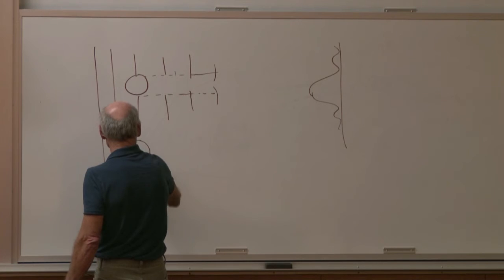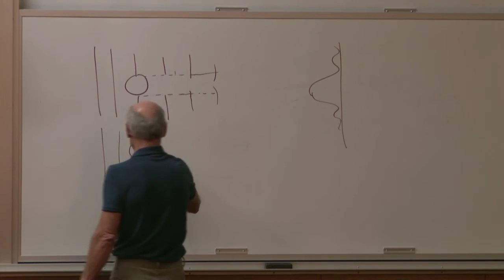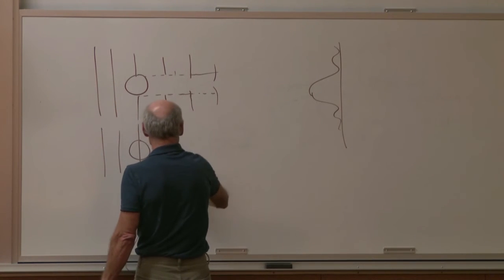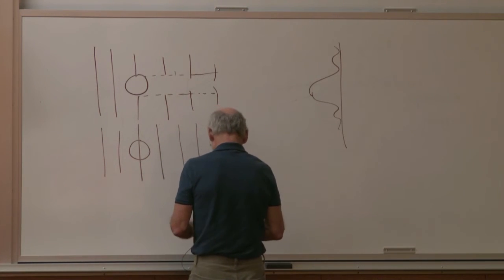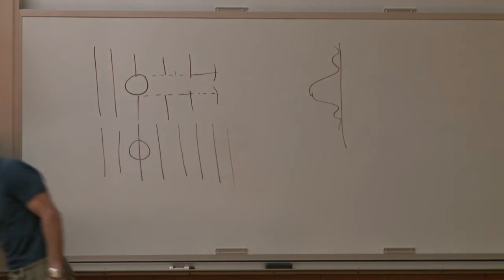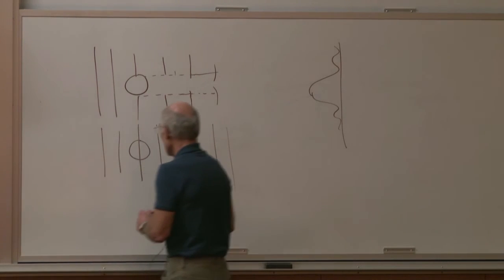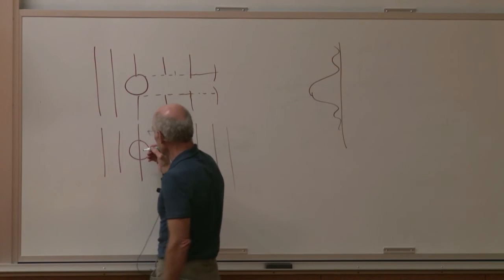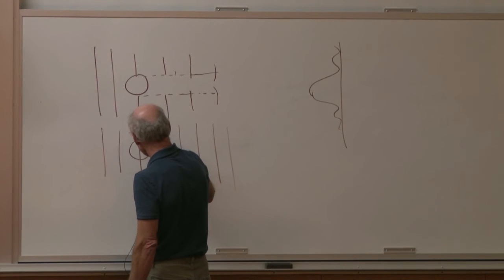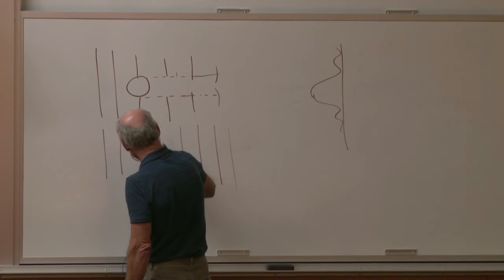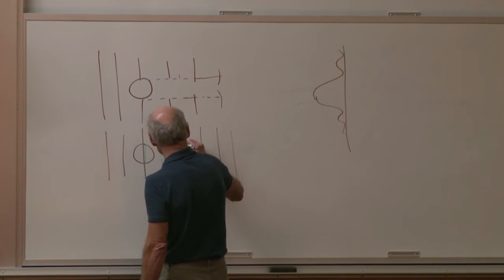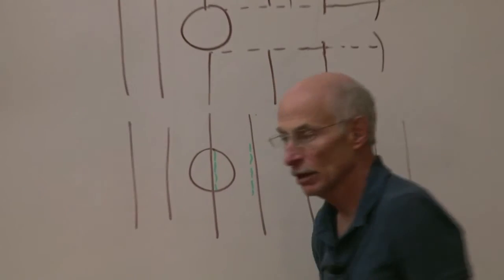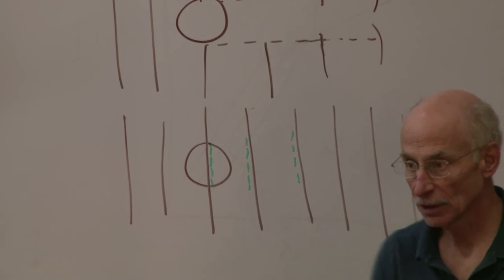We're claiming that the incident wave comes in, keeps right on going. But secondary waves are generated that by the dashed line I'm trying to indicate are 180 degrees out of phase with the incident wave.